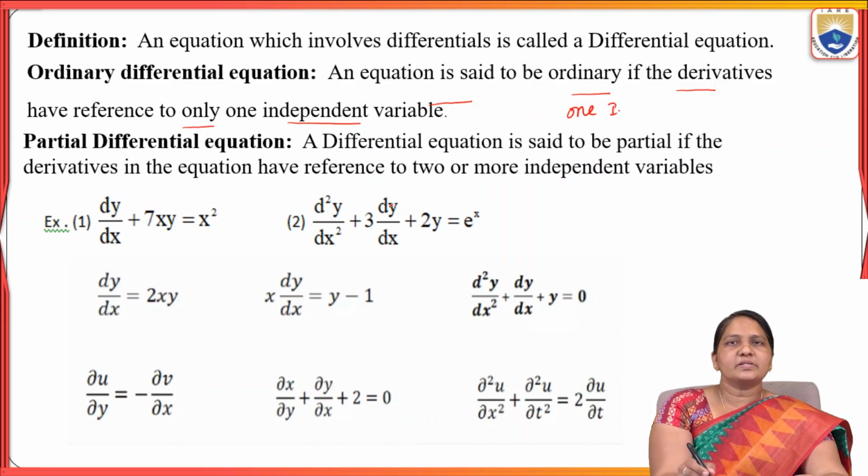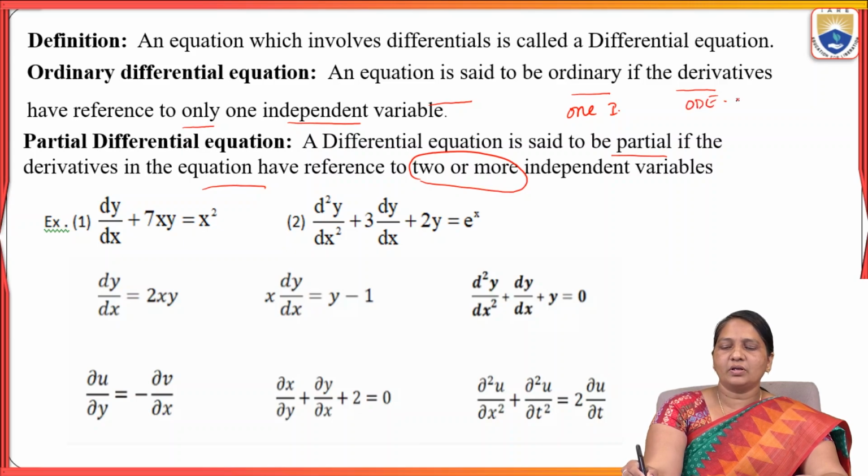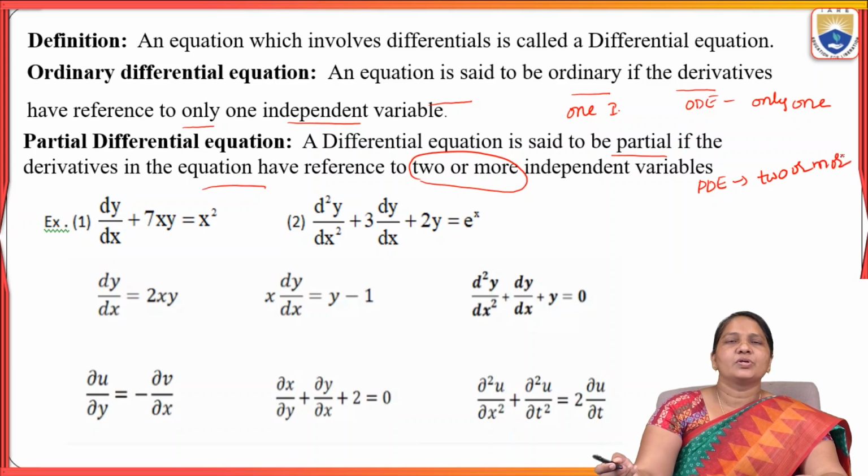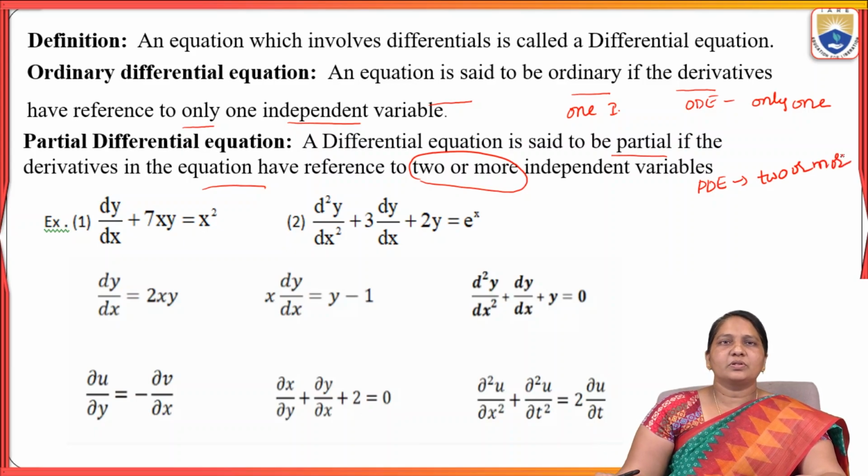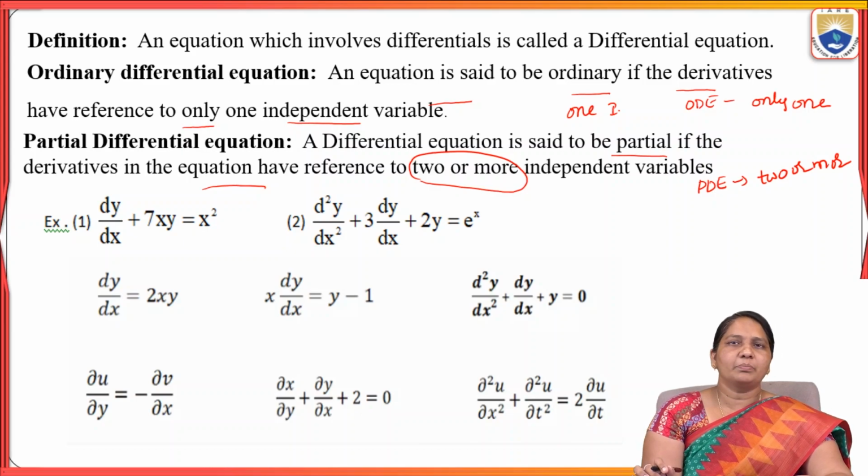A partial differential equation is one where the derivatives in the equation have reference to two or more independent variables. So in an ODE we have only one independent variable, and in a PDE we have two or more independent variables. Here, we can observe the difference between ODE and PDE.